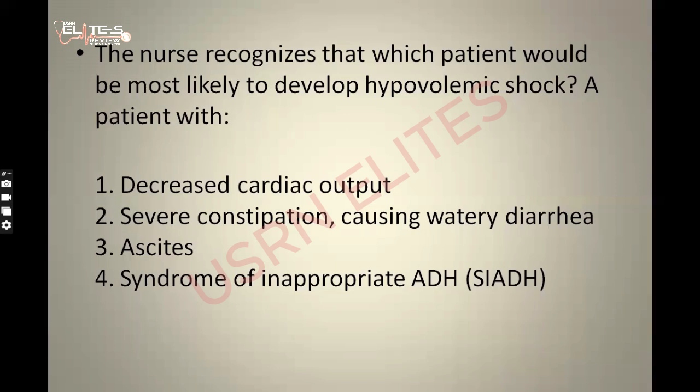But with respect to ascites and all swelling that leads to fluid accumulation in those areas, you have fluid moving mostly from the intravascular space, that's inside the blood vessels, to interstitial spaces or into the interstitium.